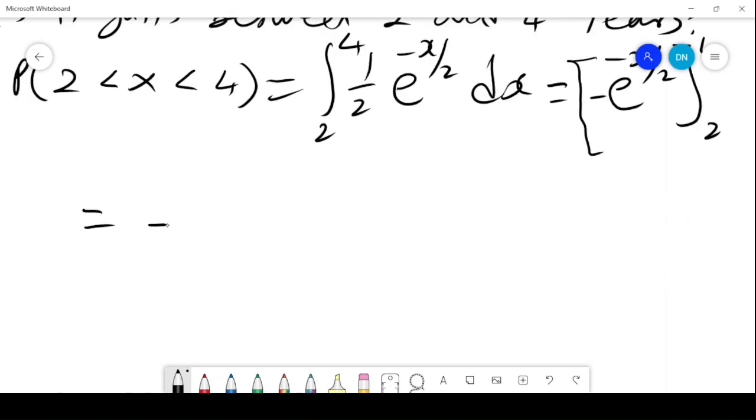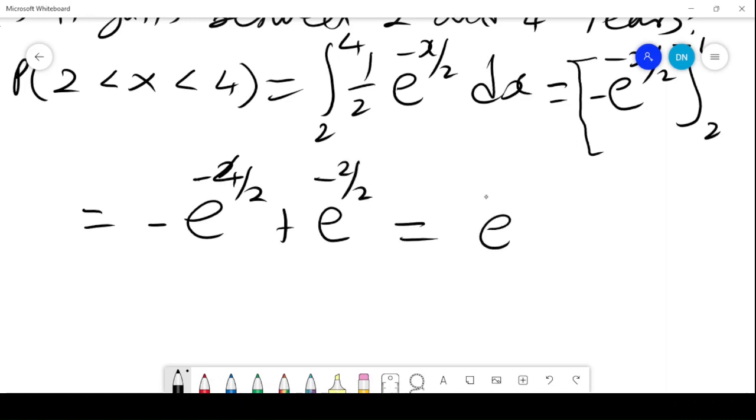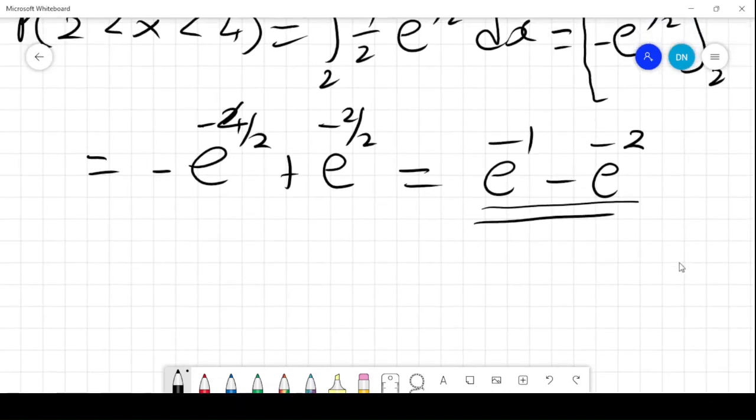It tells us that it's minus e raised to the power minus 4 over 2 plus e raised to the power minus 2 over 2. So it is e raised to the power minus 1 minus e raised to the power minus 2. That gives us the probability that it will fail between 2 and 4 years.